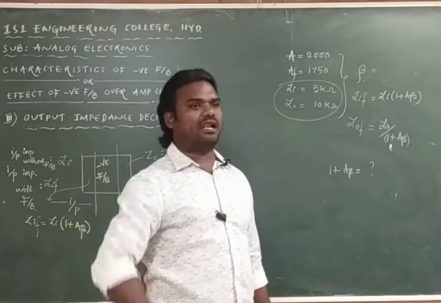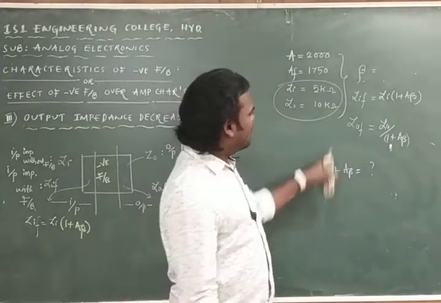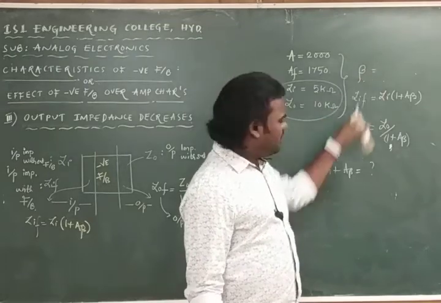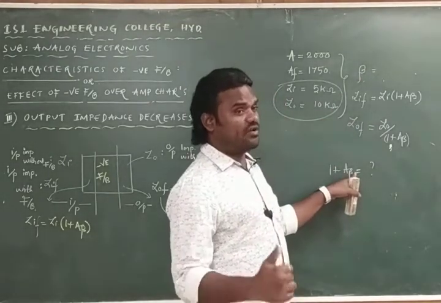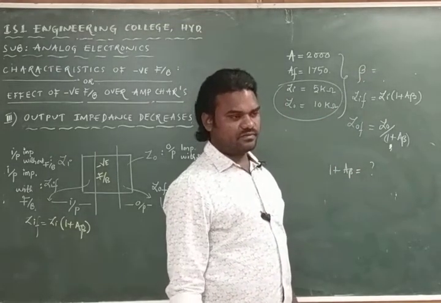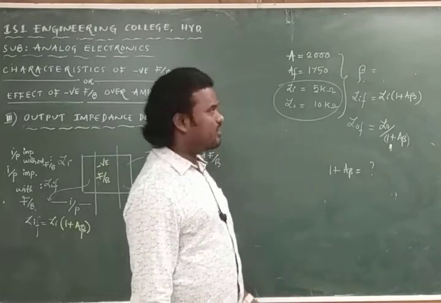You should go about this in a logical manner: 1 plus A beta is common in both. Once you calculate 1 plus A beta, you can directly substitute and multiply it here, and directly get ZO by 1 plus A beta. First calculate the beta value, then calculate the 1 plus A beta value. Is this clear? Yes. Then you can solve that one.